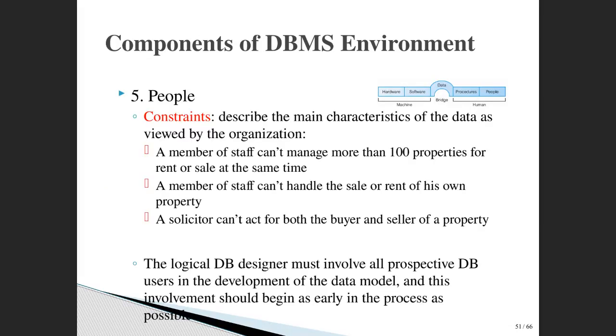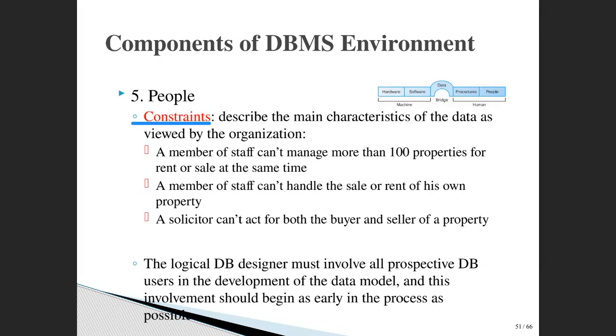What is the constraint? There are more details here about how to define the constraints. These are characteristics of data. For example, you can restrict the number of certain data, like the number of items stored. They provided some examples for you.